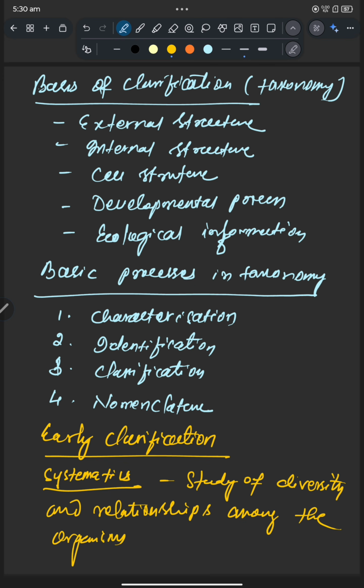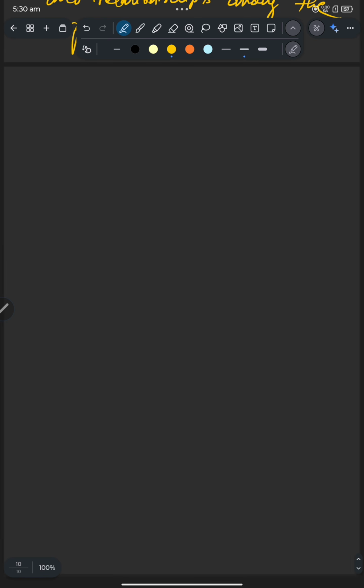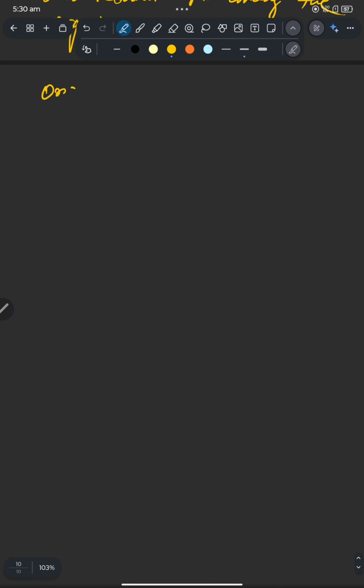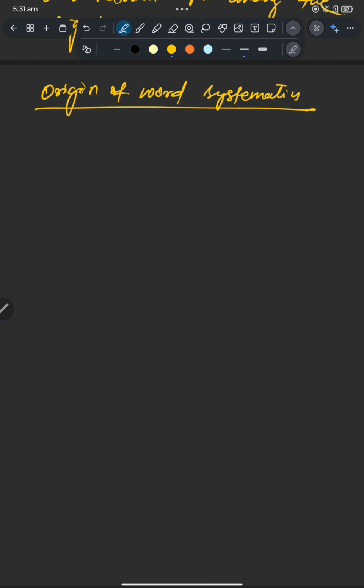Now where is this word systematics originated from? The origin of the word systematics: it is derived from a Latin word, systema.